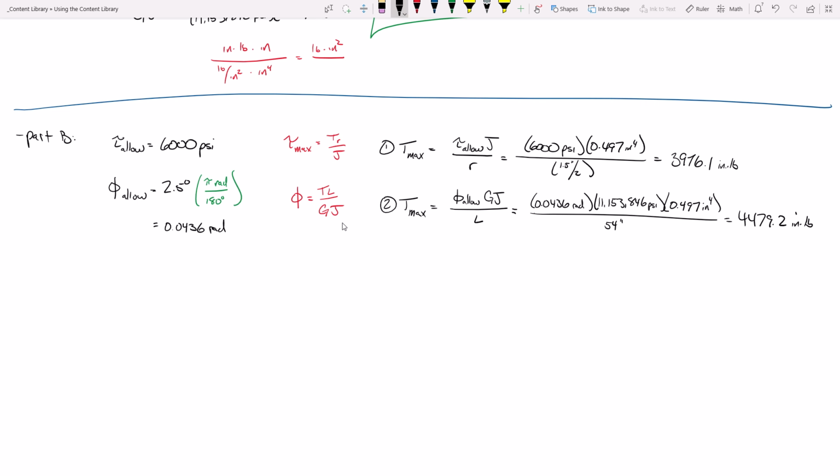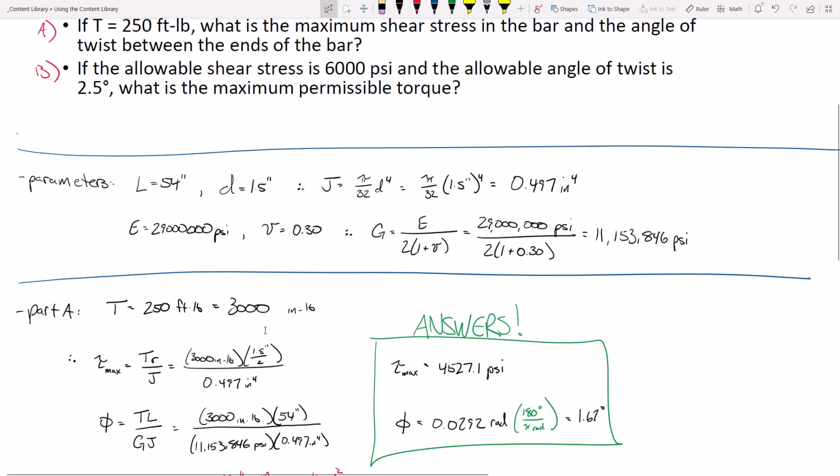But that's not what the problem asks. What does the problem ask? If the allowable shear stress is 6,000 psi and the allowable angle of twist is 2.5 degrees, what is the maximum permissible torque?